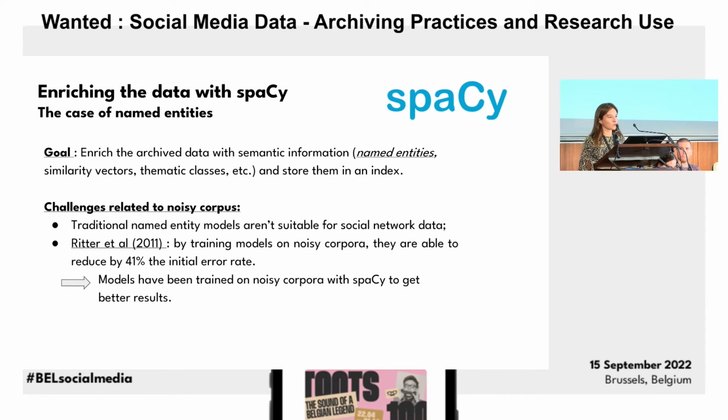We chose to train our own model and not to use an existing model because while browsing the literature on the subject, we came across the work of Ritter et al. They showed that by training their own models, they were able to reduce the initial error rate by 41%. Actually, the existing models are trained on journalistic data, where a sentence starts with a capital letter and ends with a period, and they don't work on our data because our data are noisy data.